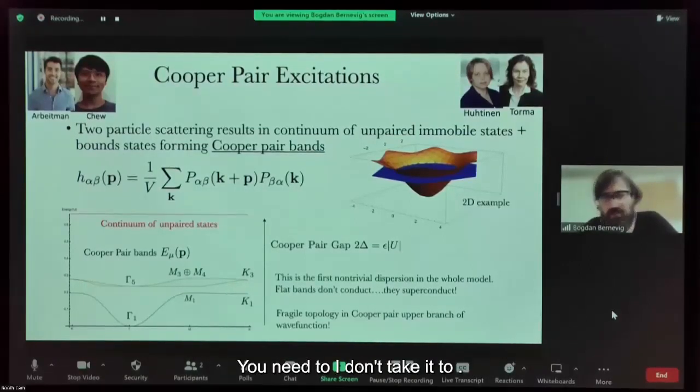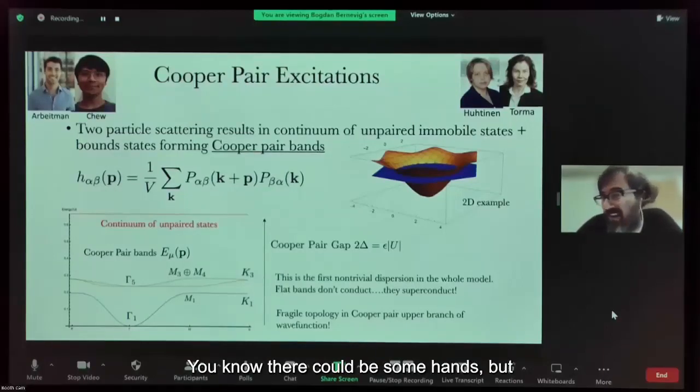There could be some hints that this interacting spectrum is coming from a non-interacting flat band. But normally, I haven't really thought fully about it, but I don't see any way that if somebody gives you an a priori spectrum, you're able to tell that this comes from a flat band. Now, here you can tell.